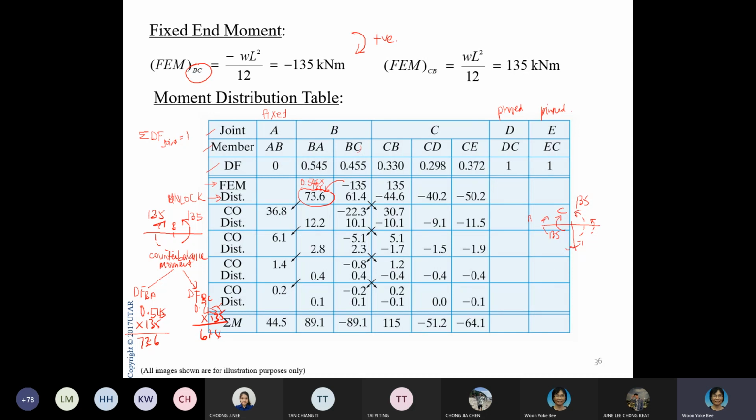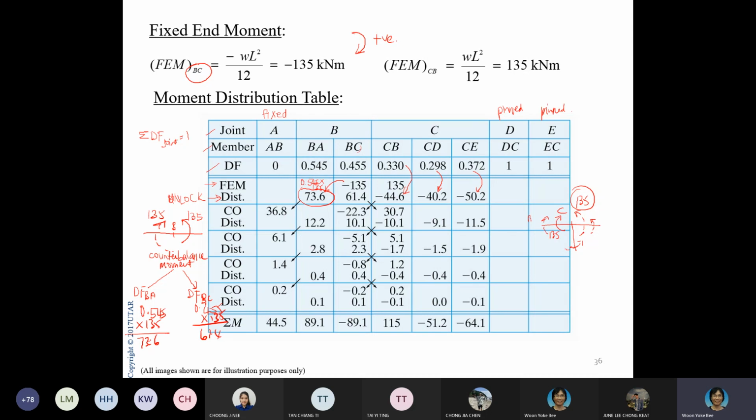When you unlock it, you move it to the 3 members. How do you get it? You use your 0.33 multiplied there, this one multiplied there, and this one multiplied there. That's how you balance it so that you get an equal counterbalance of 135.